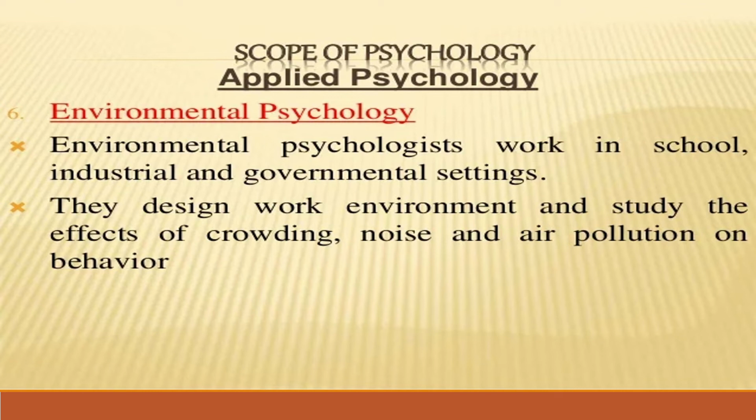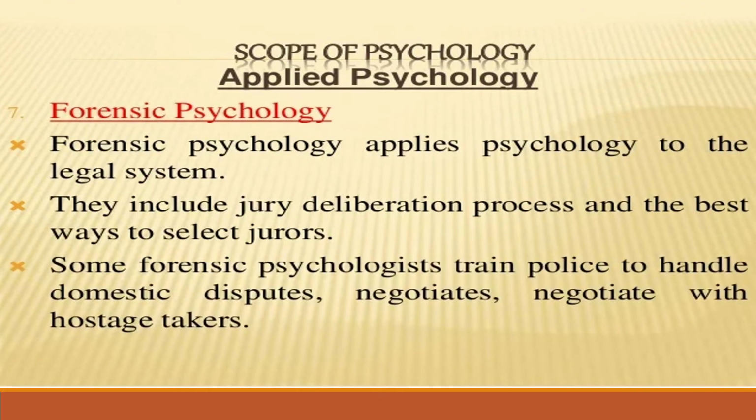Next is forensic psychology. Forensic psychology applies psychology to the legal system. Forensic means it is a legal matter. They include the jury deliberation process and the best way to select a jury, and some forensic psychologists train police to handle domestic disputes and negotiate with hostage takers.